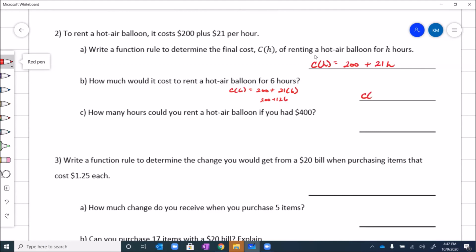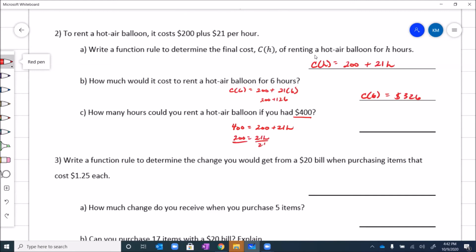The cost for 6 hours would be $326. How many hours could you rent a hot air balloon for if you had $400? So now our total cost is 400. And we just have the same function, 21H. So to solve for H, we subtract 200 from both sides.